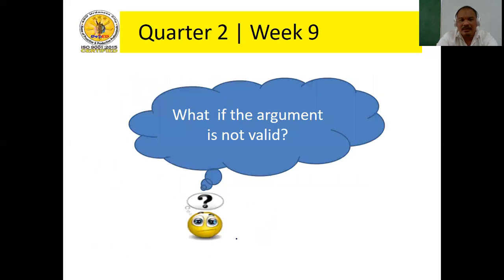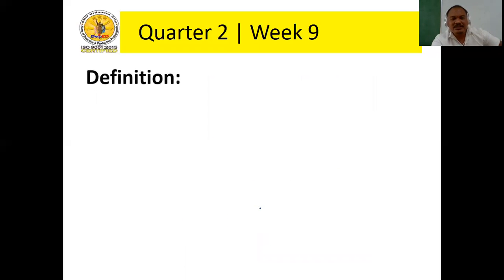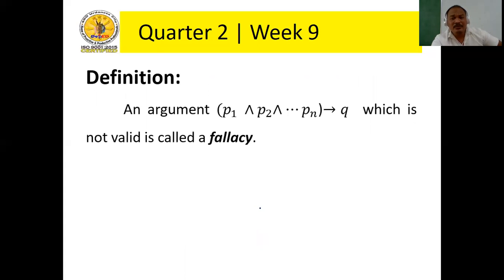Okay. Now, what if the argument is not valid? Let's continue. Is there a possibility that the argument is not valid? Okay. Let us have. By definition, an argument of P sub 1 and P sub 2 and P sub n implies Q, which is not valid, is called a fallacy.